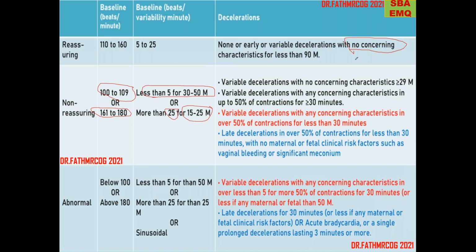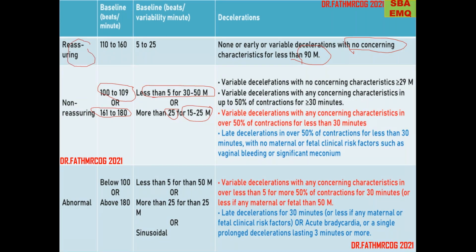If the variable deceleration has no concerning characteristic for less than 90 minutes, this is considered reassuring. When you find variable deceleration, look for two things: whether there is concern, and the duration.